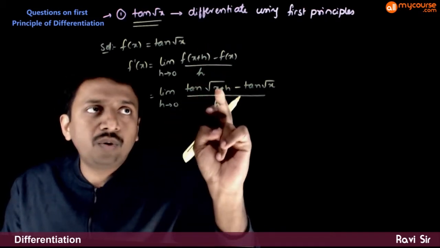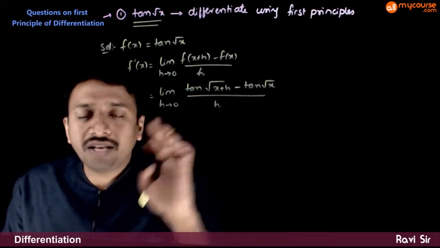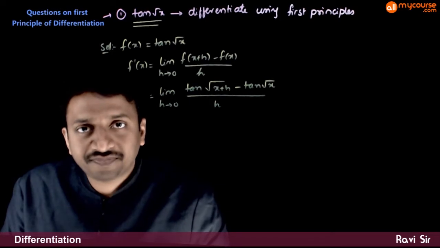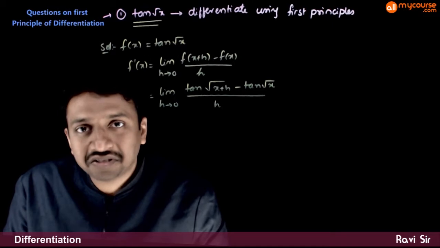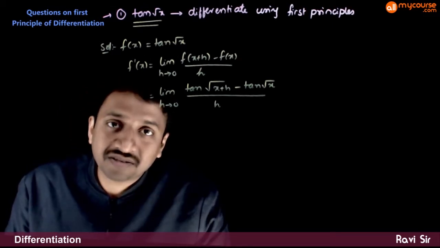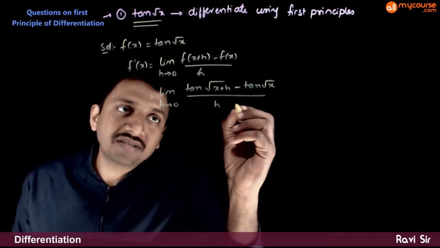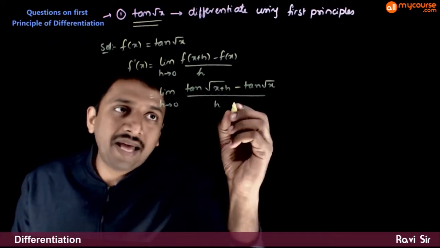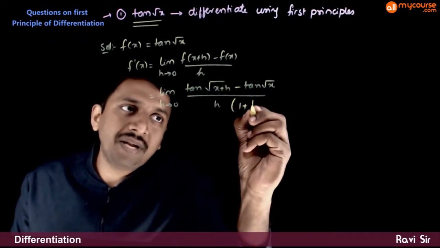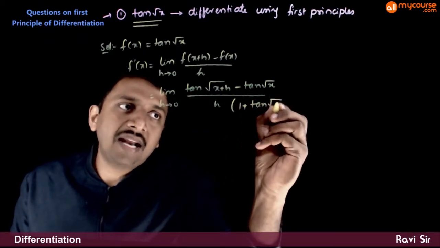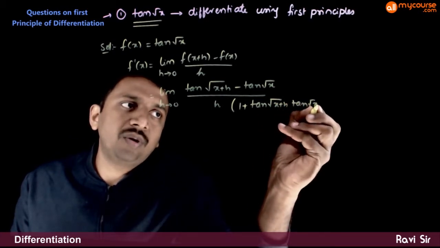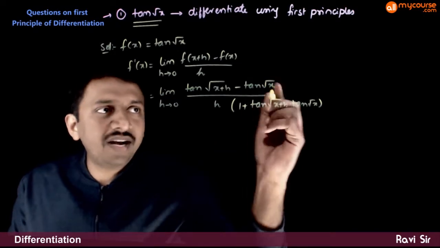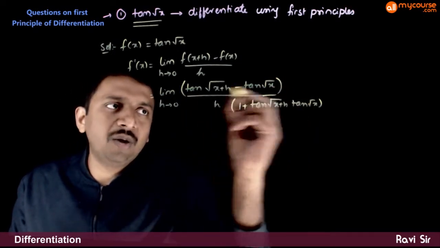Tan of root of x plus h minus tan of root x by h. So now you need to find the value of this differentiation. So how can we find this? What I do is, I'll multiply and divide this with 1 plus tan of root x plus h into tan root x in the numerator and denominator.